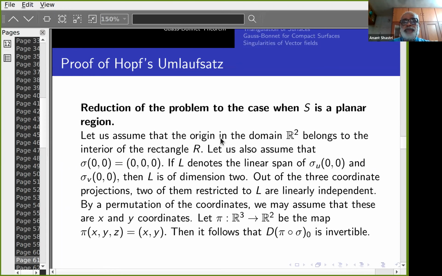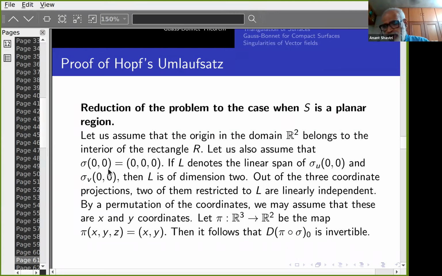So first of all, for simplicity of writing down the proof, we can assume that the domain R, which is a subset of R2, contains the origin, and sigma of (0,0) goes to the 0 of R3.